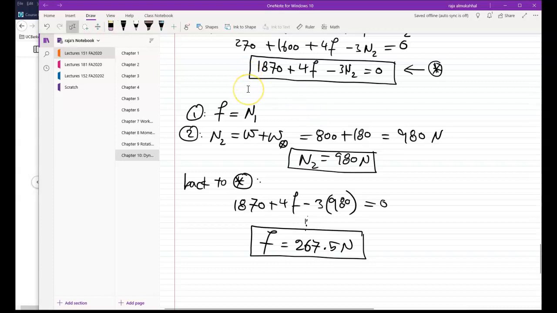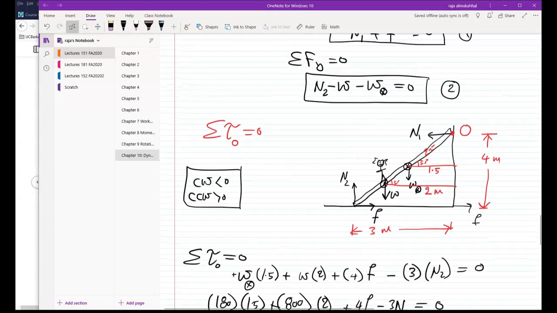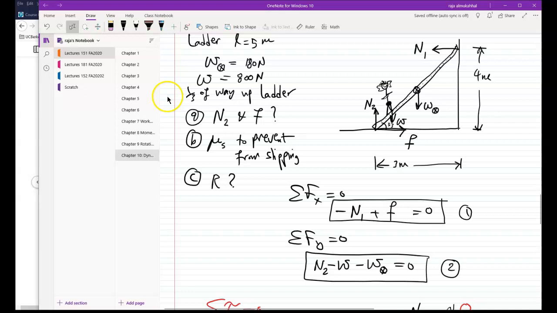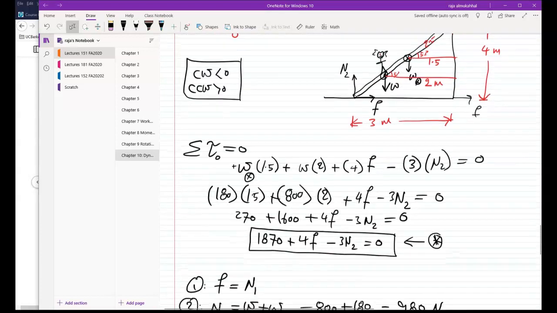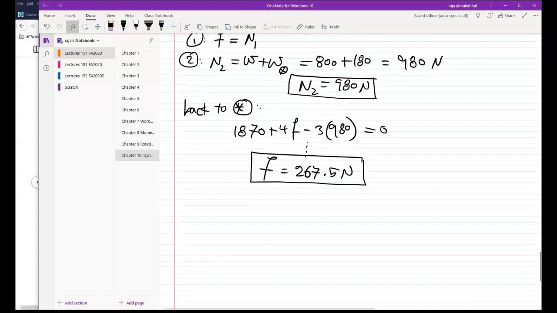Okay, let me go back to what he's asking. Part A, find N2 and F. We already found them. Now find the coefficient of static friction that is needed to prevent it from slipping. All right, well, we know that. F is equal to what? That's part B right here. F is equal to mu N. Which N, you guys? It's N2, the one right beside it.